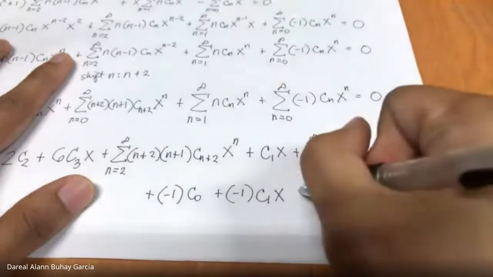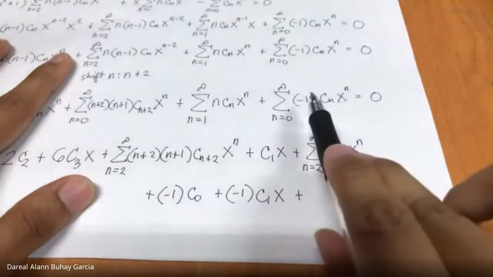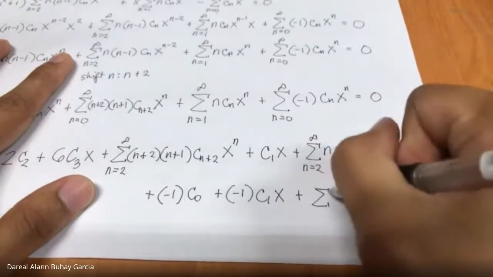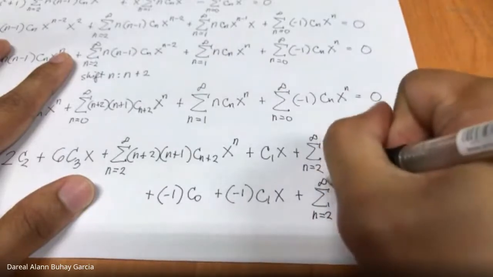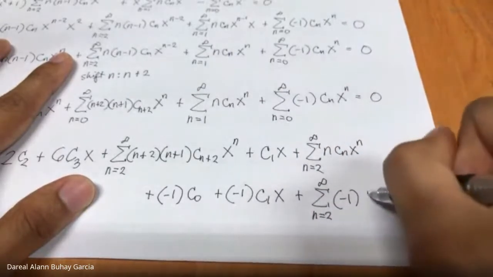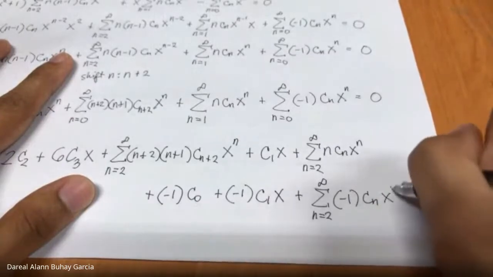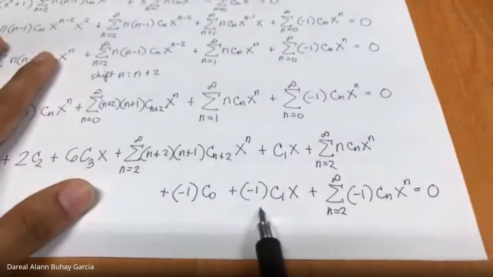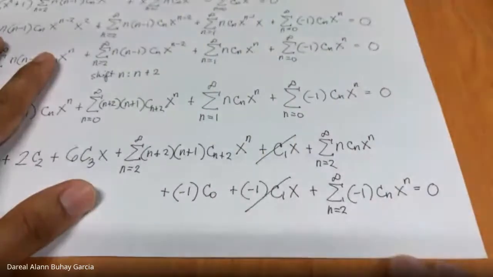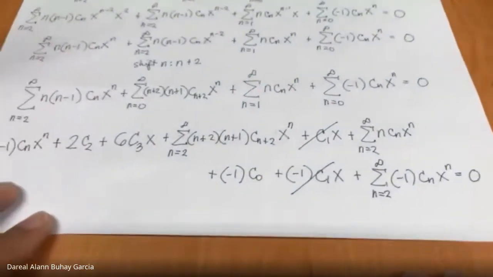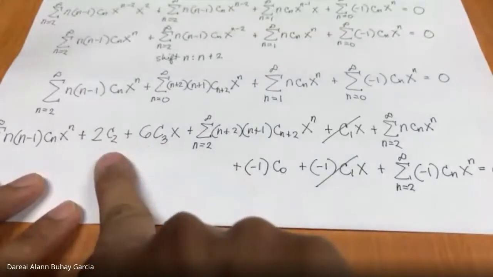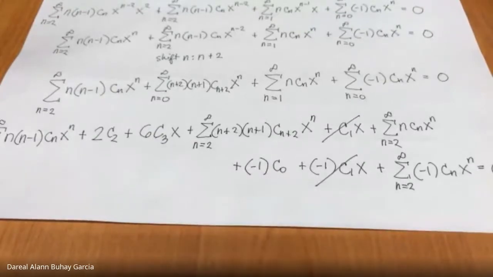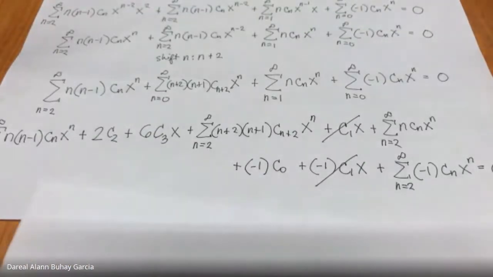Plus, the same. Pero 2 na siya. Summation of n is equal to 2 to infinity of negative 1 Cn x^n equal to 0. Okay. Well, technically, makancel out ni sila. So, natay tulo ka constants. 2C2, 6C3, and negative C0. Okay, i-write sila sa papel.